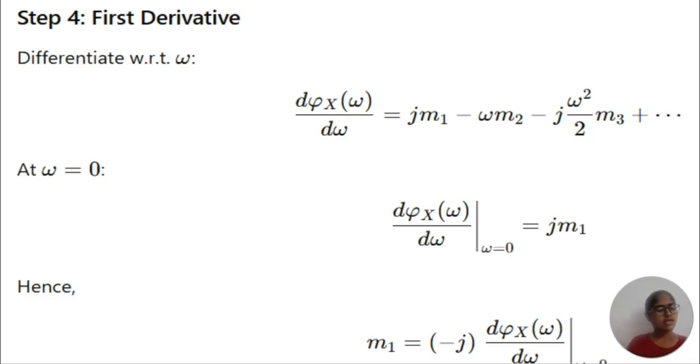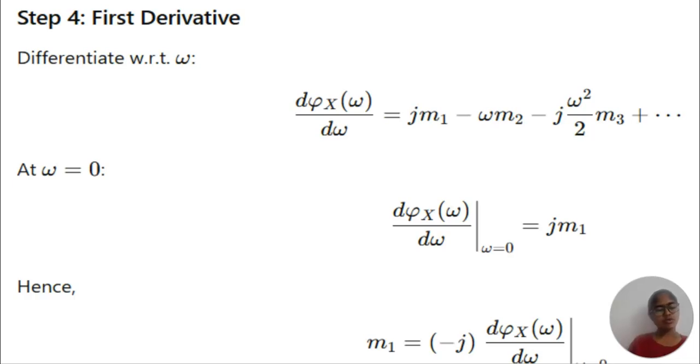Here at omega equal to 0, d by d omega of phi x of omega equal to j m1. Here m1 equal to minus j into d by d omega of phi x of omega. d square by d omega square of phi x of omega equal to minus m2 minus j omega m3 plus and so on. d square by d omega square of phi x of omega equal to minus m2.